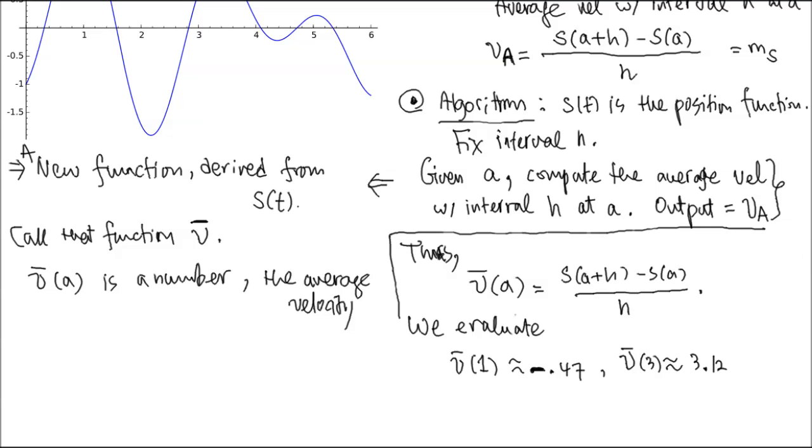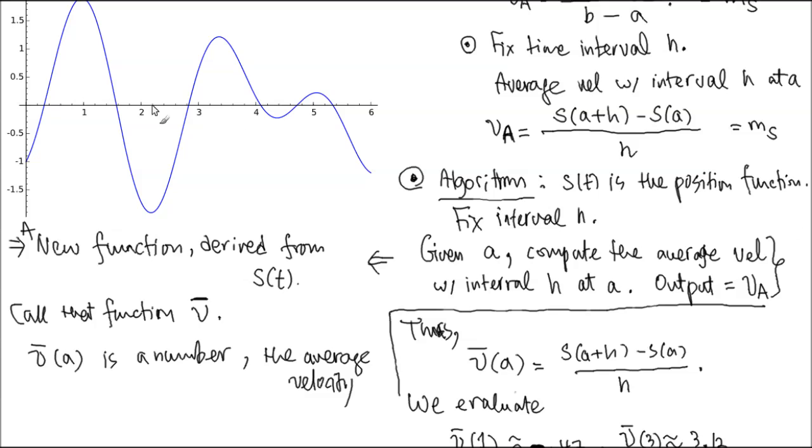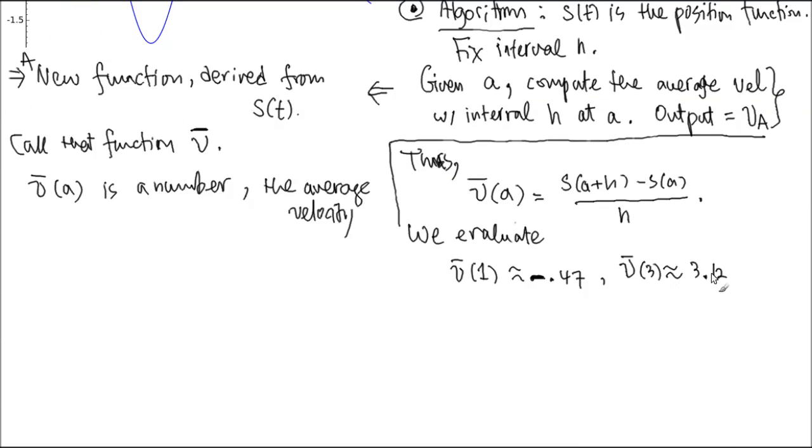Knowing that this motion is not too crazy, over 0.01 seconds, that's pretty much the velocity that doesn't change. If you go to the next time period like 3.1 seconds, you don't expect this to change all of a sudden to negative 3 or something like that. It's pretty much the steady speed for a short period of time. Of course, if you look at it 1 second later, the average speed changes, but over a short period of time, the average speed doesn't change quickly, right? So this is good information by looking at a 0.01.